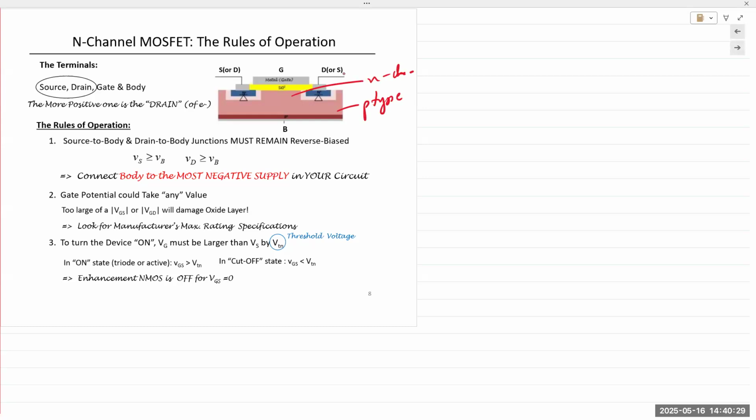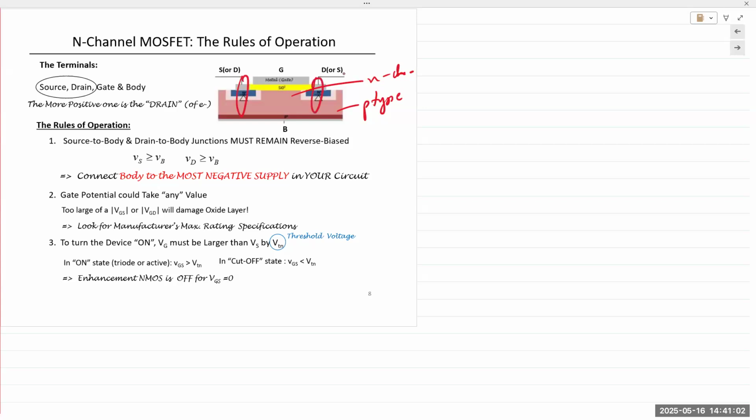However, there are two PN junctions in there. One is from the drain to the body. The other one is from the source to the body. If we do not apply a bias that keeps those regions off, we'll have conduction going in the y direction, across here and across here, because we have a PN junction.